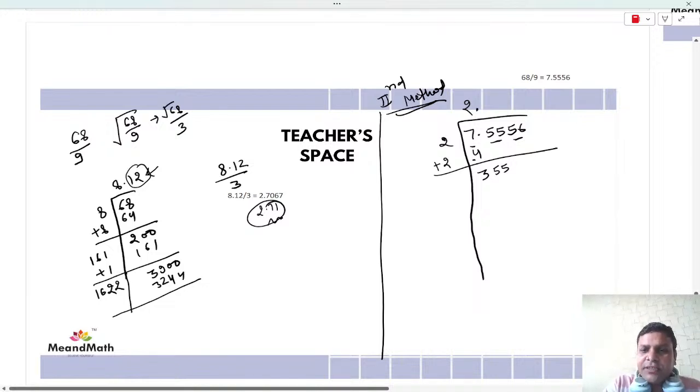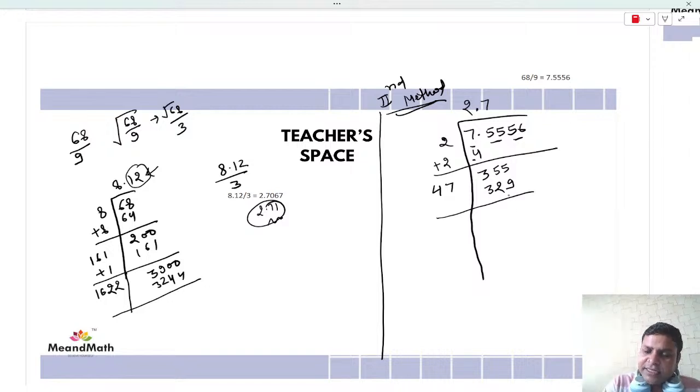Add 2 plus 2 here, so the answer is 4. Now write 7 here. 7 7s are 49, 7 4s are 28, so 47 into 7 is 329. If you subtract that, it will be 26.